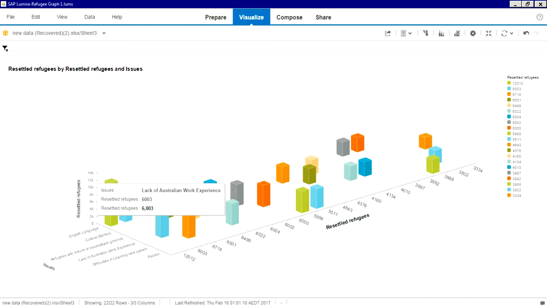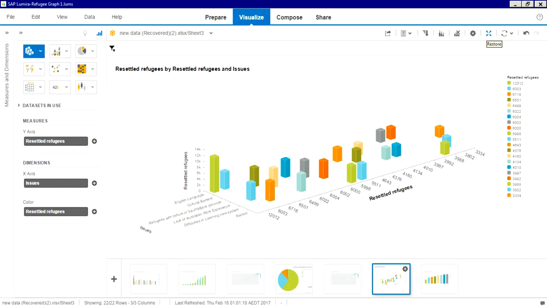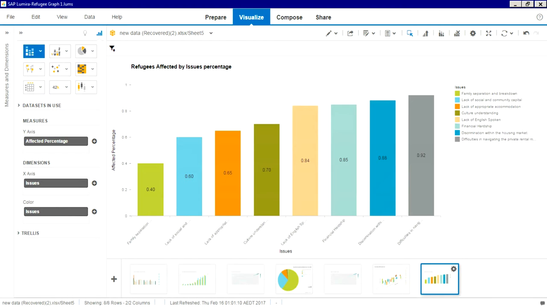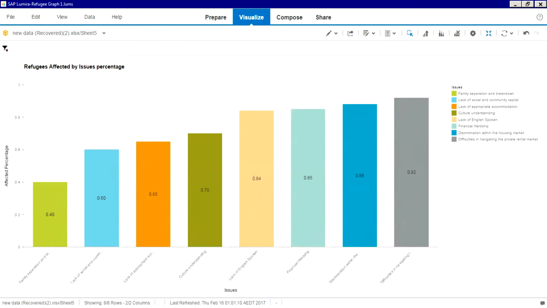Now I will show you another graph which shows the percentage of refugees by the issues they are facing. These issues are very much related to refugees' lives. Around 40% of refugees say they face family separation and breakdown. 65% face a lack of appropriate accommodation, and 84% face a lack of spoken English.